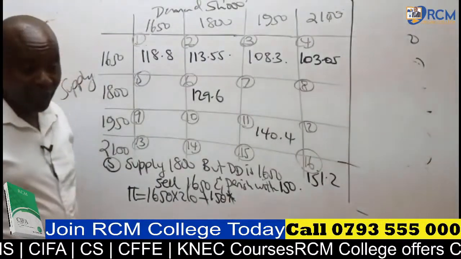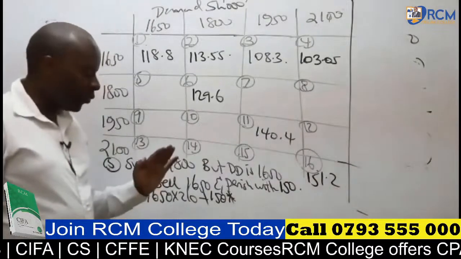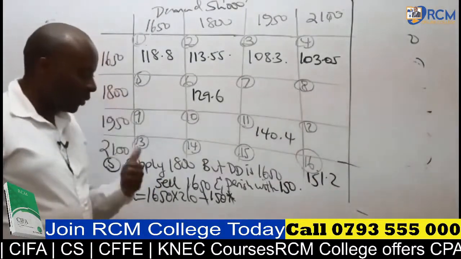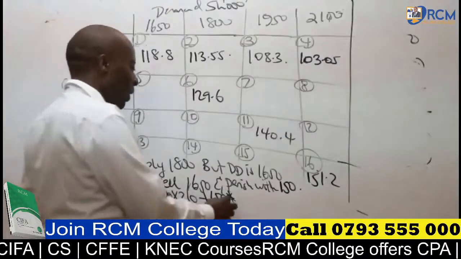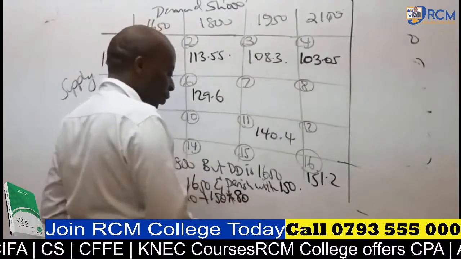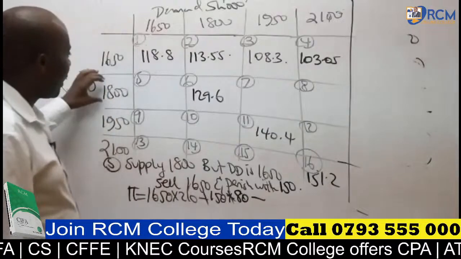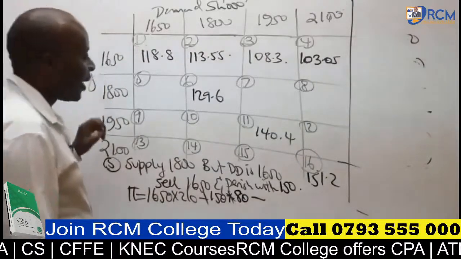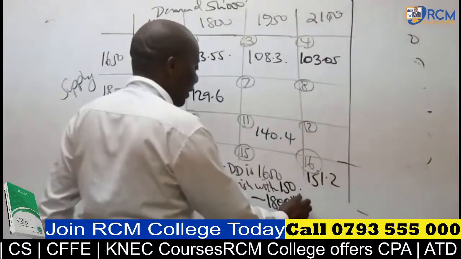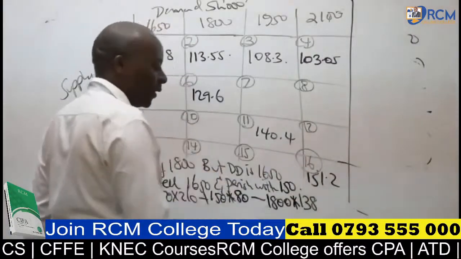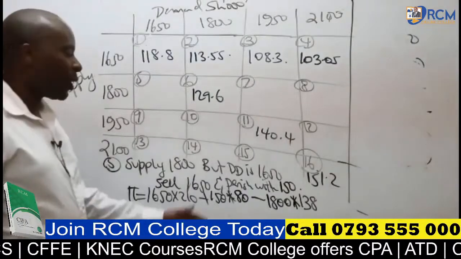They're talking to me. Once we are not able to sell them on that particular day, we perish with them, we'll be able to fetch a lower price, 80, I'm being told. So that is revenue. Minus cost, of course, I will incur cost for the entire supply, which is 1800 times 138. So could you kindly give me this answer?